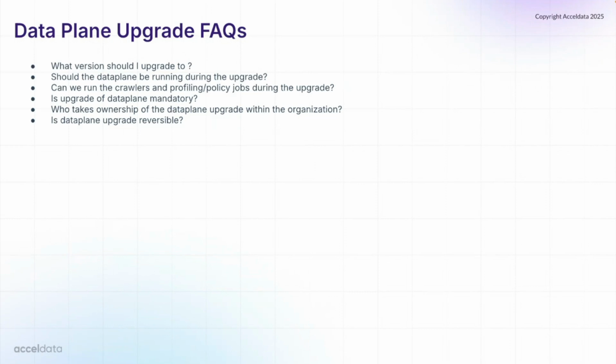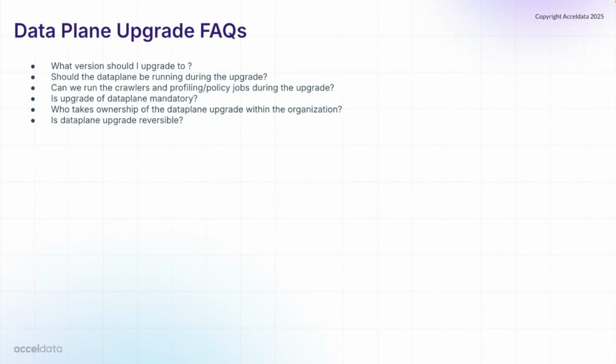The next question we usually get is, who takes the ownership of the data plane upgrade within the organization? It's usually the admin team, which has access to the Kubernetes servers, that takes the ownership of data plane upgrades, and it should be a one-time process that we need to do, say, once a month.